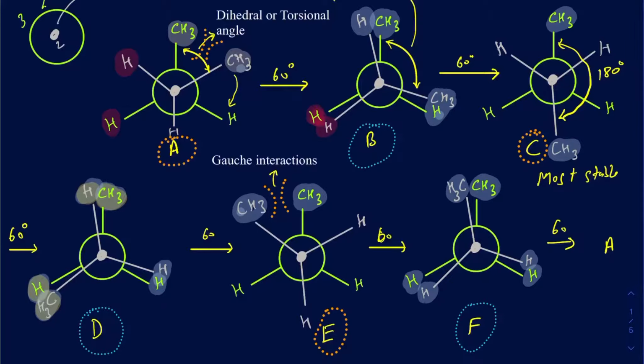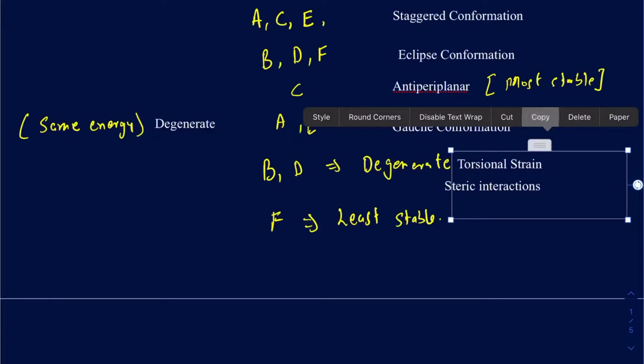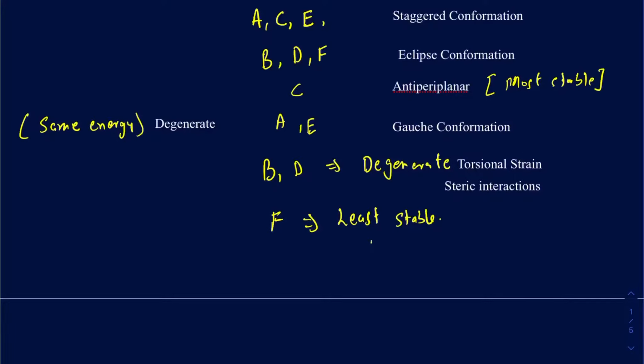So since the steric interaction is between the two methyl groups, that's going to be the biggest interaction in this particular case. So this F is going to be least stable. All right, and keep in mind it's still got the torsional strain and it's still got the steric hindrance.